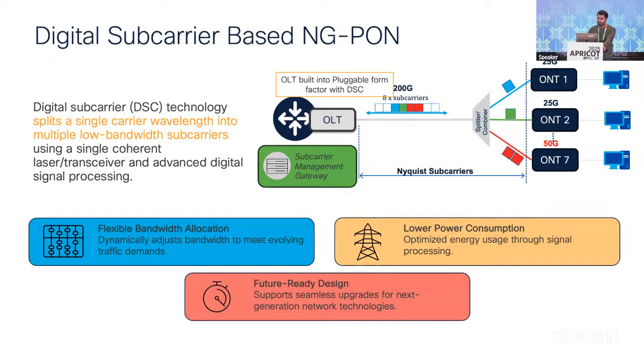Because you are future ready, you don't need to perform truck rolls, you don't need to send a person to the field to change the infrastructure. Essentially you will just log into your subscriber management gateway, assign an additional subcarrier to that particular customer, and you're done.